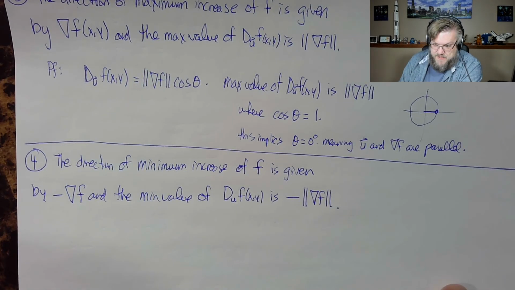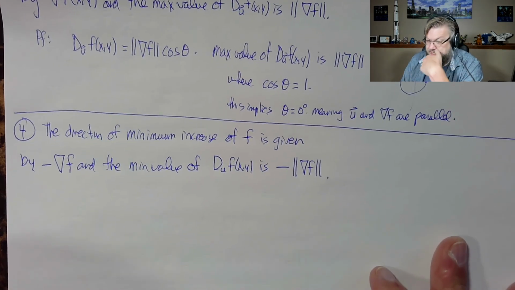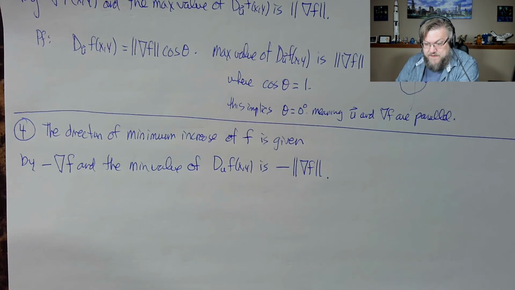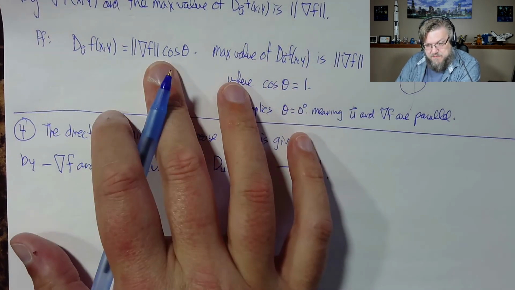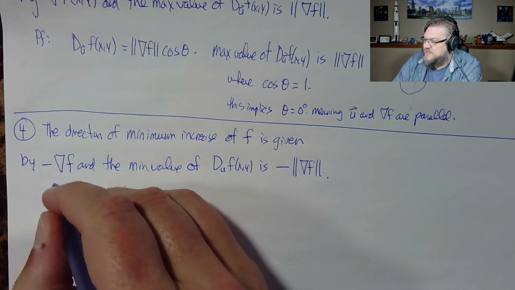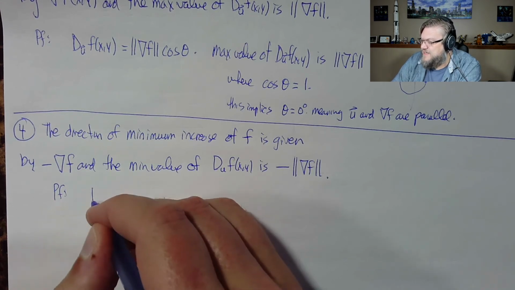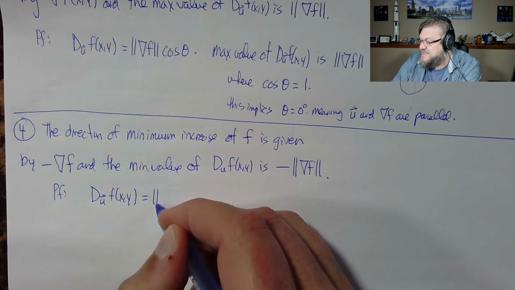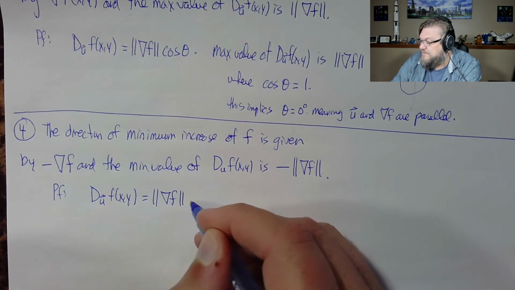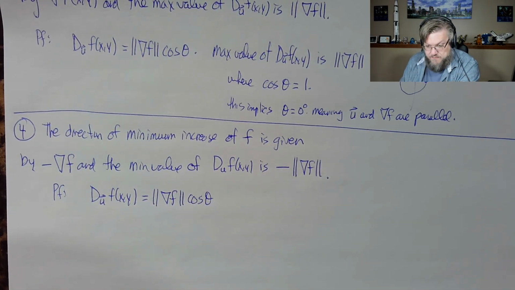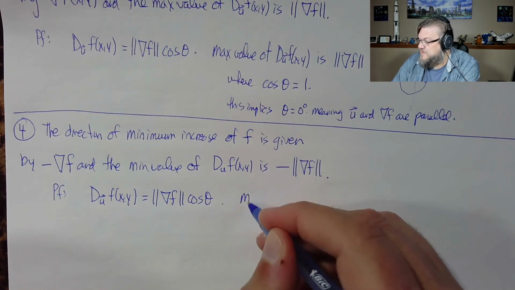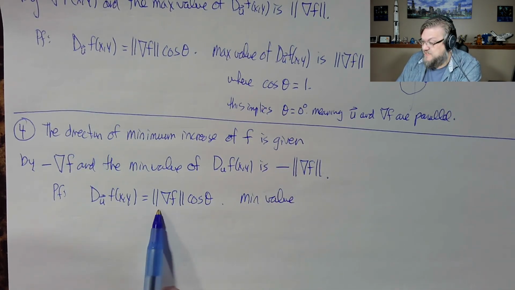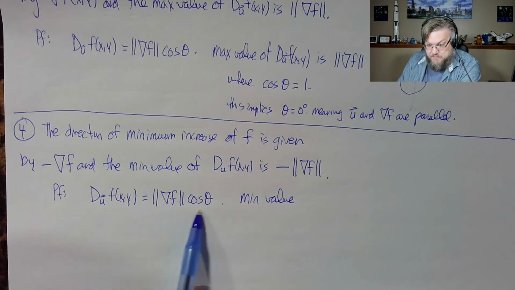Okay. And again, the proof of this, the idea why this is true, comes from the same exact formula, but now instead of thinking about maximum value, I'm thinking about minimum value. So I start off again with this, and I say, okay, the directional derivative is the magnitude of the gradient of f times the cosine of the angle between them. If I want the minimum value, this is got to be the most negative it could be.